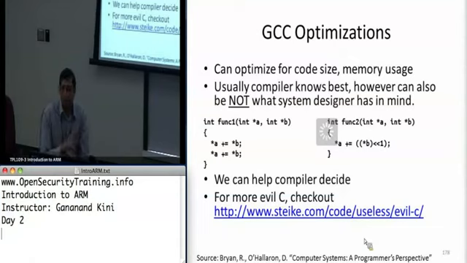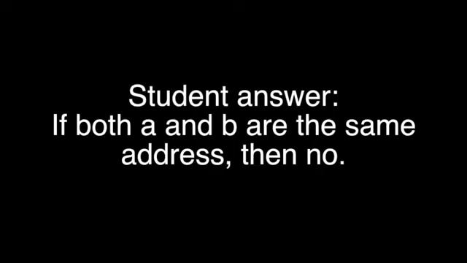Anybody know what's wrong with this piece of code? Are function 1 and function 2 the same? But would you get the same value in A from both function 1 and 2?